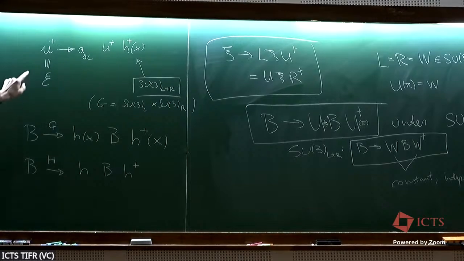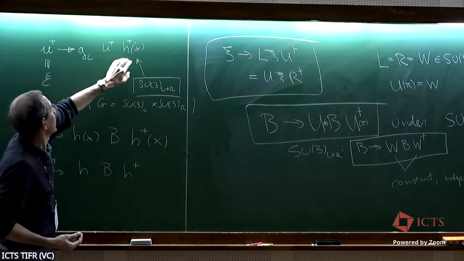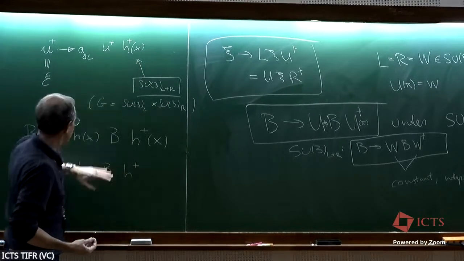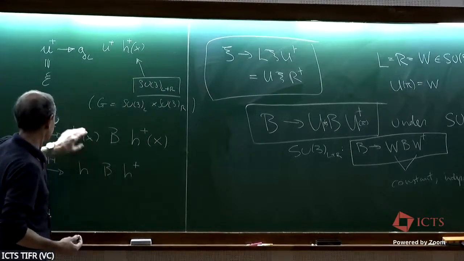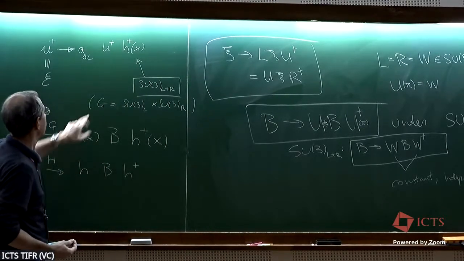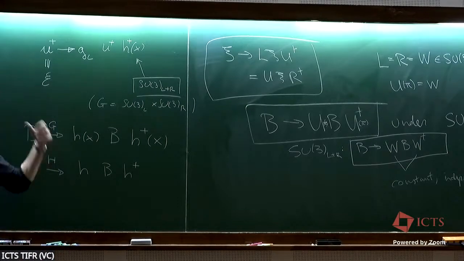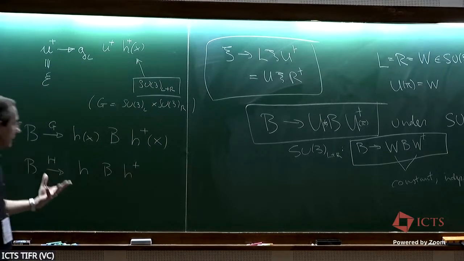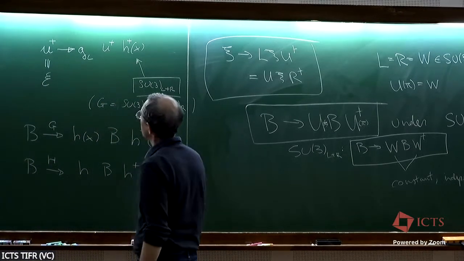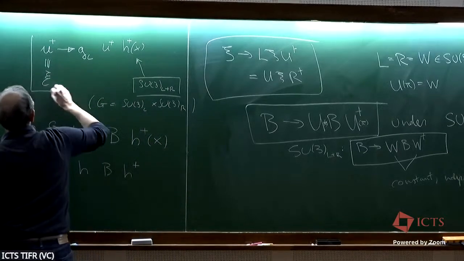And this compensator field is the one that allows you to compensate something that has well-defined transformation properties under H, and make it something that transforms with well-defined properties under the G group. So this is the key equation.